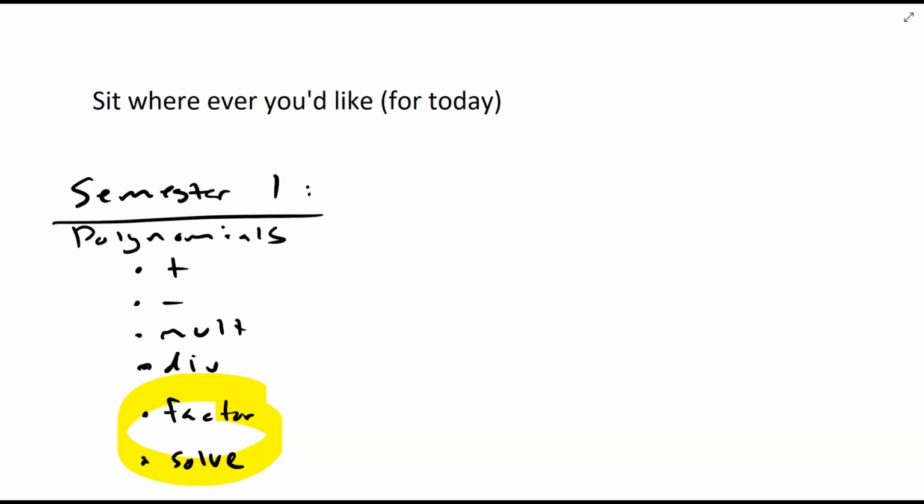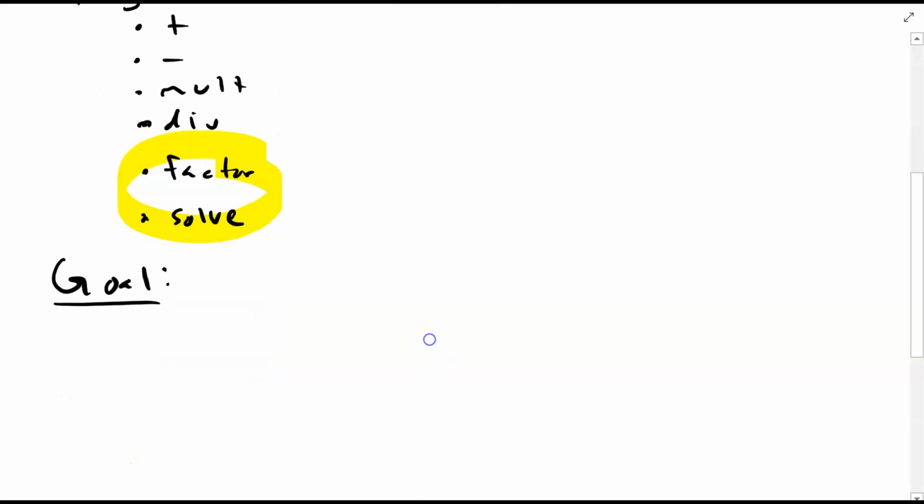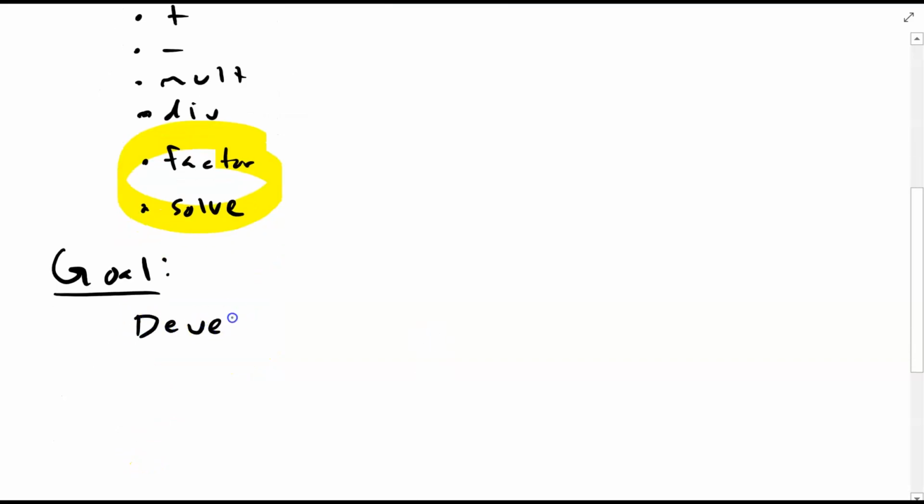So that's an important piece. And really the goal for this first chapter in semester two is to develop some methods for factoring and solving polynomials.